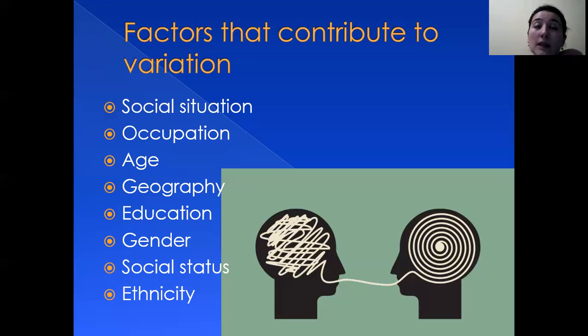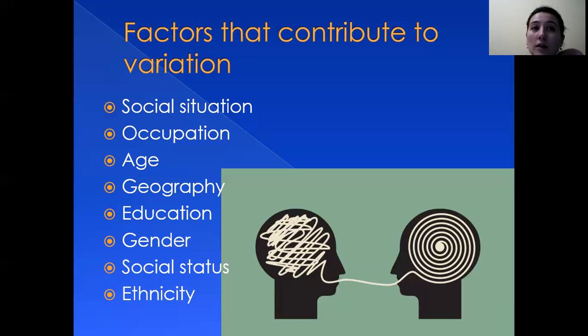For example, teachers or maybe presidents use more formal languages, while drivers or other people who have different jobs don't need to use formal language or literary words because their occupation shows it.